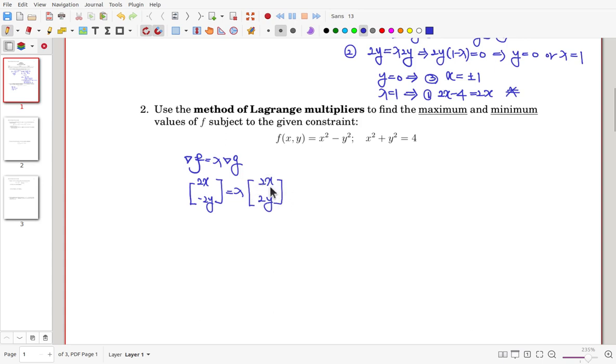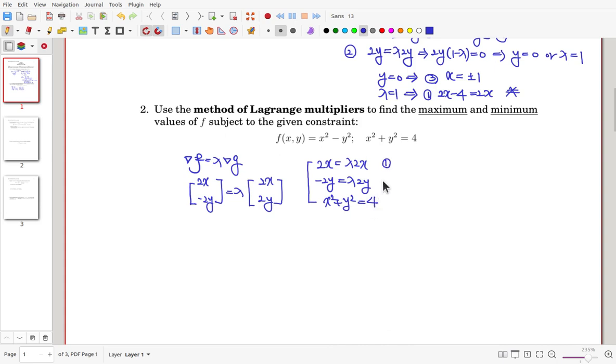So we have 3 equations. Let's write them down. That is 2x equals lambda 2x, the second one is minus 2y equals lambda 2y, and the third one must be the constraint, x squared plus y squared equals 4.